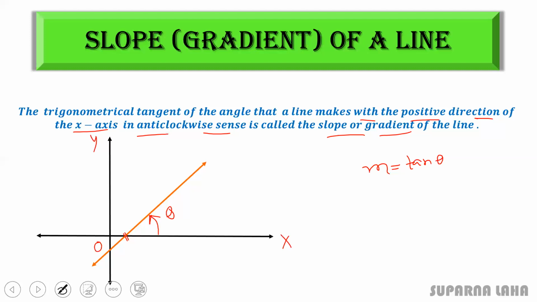So tan theta is called the slope, and we generally represent the slope by m. Anywhere we are using m, if it is not mentioned, for example in the equation y equals mx plus c, m is the slope. So this is the slope or the gradient of a line.